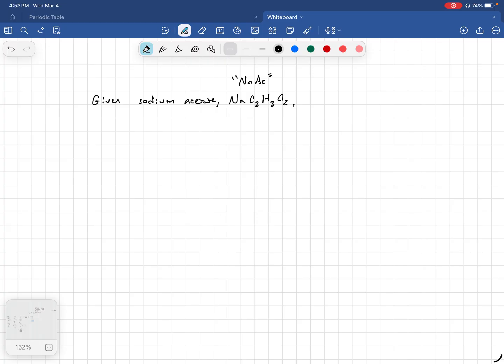So you're given sodium acetate in a 0.25 molar aqueous solution. You're also given that the Ka of acetic acid, which we can write as HAC, is 1.8 times 10 to the negative fifth at 25 degrees Celsius. We want to know what is the pH of this salt solution.